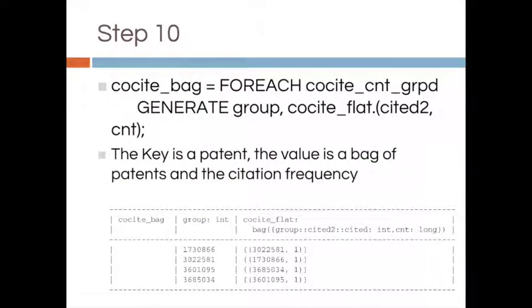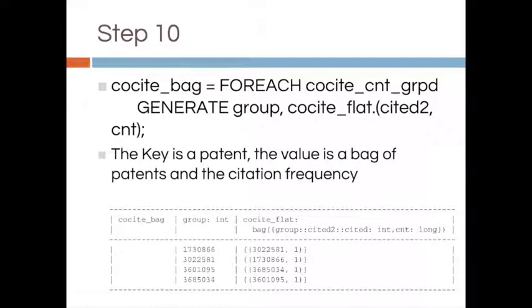From this table, we can then go into that rightmost column and simply remove that first patent that we initially pulled out and made into its own group.